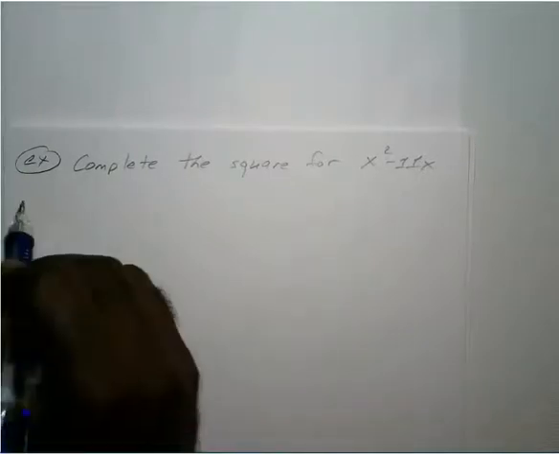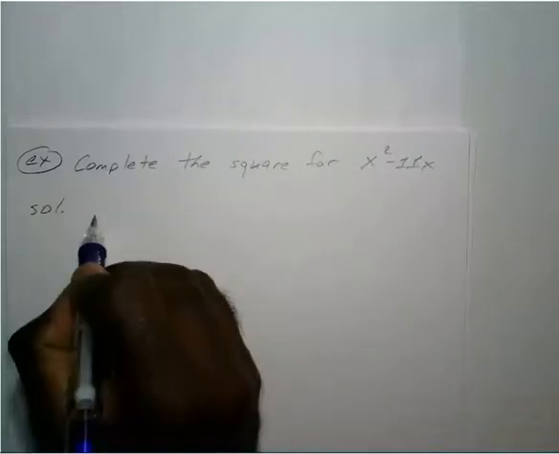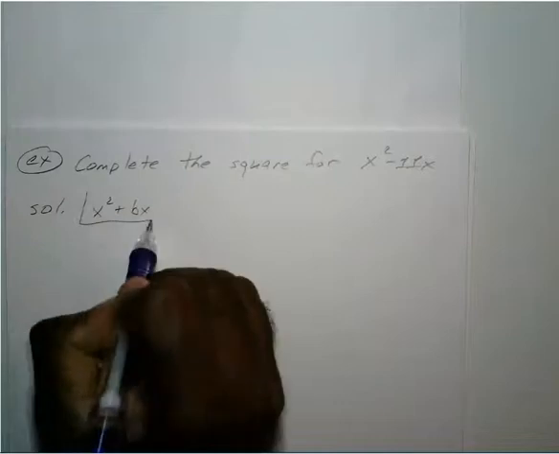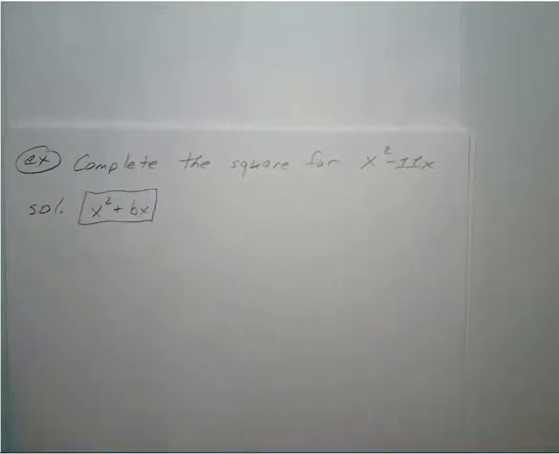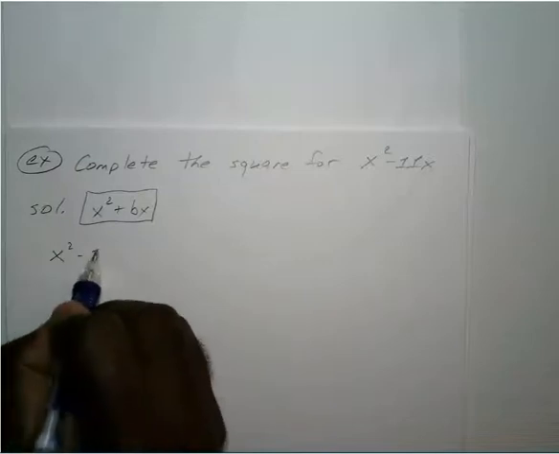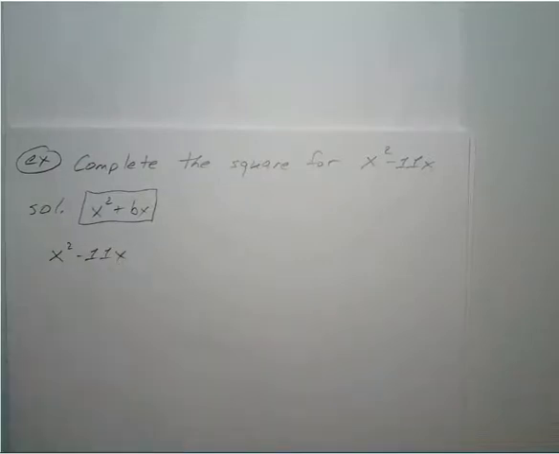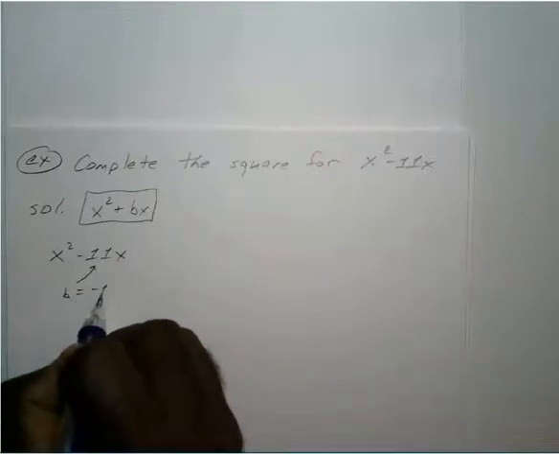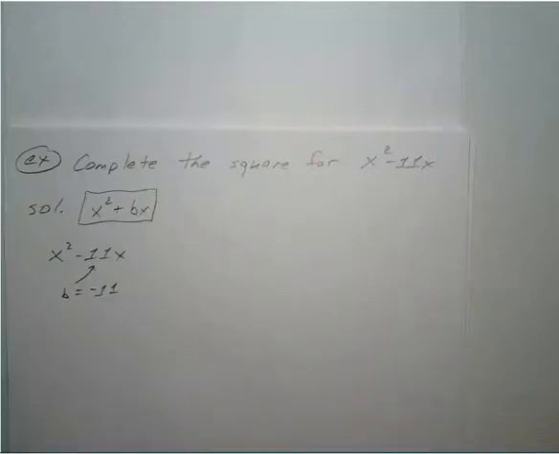Just like before, we have x squared plus bx, that's the form we're using. So for x squared minus 11x, we see that b is equal to negative 11.